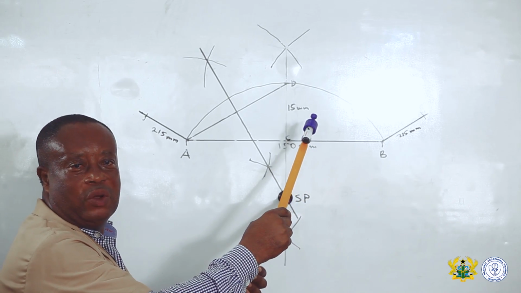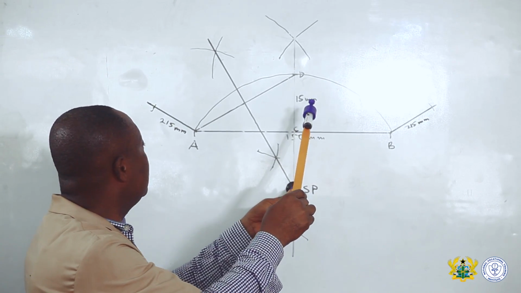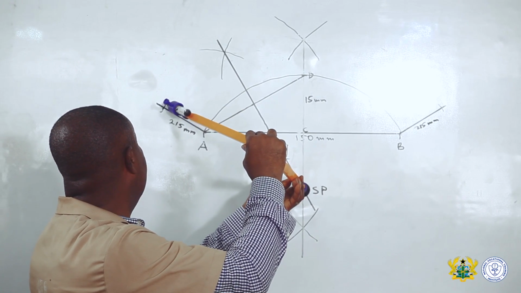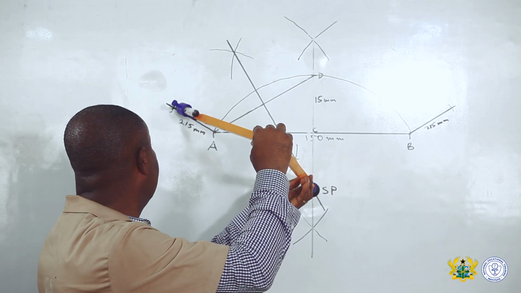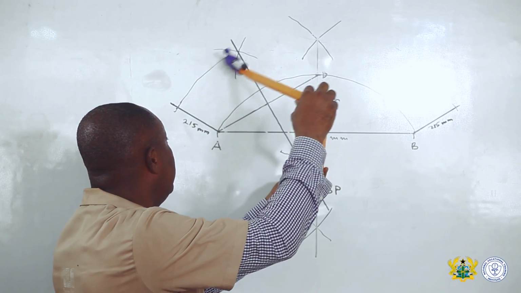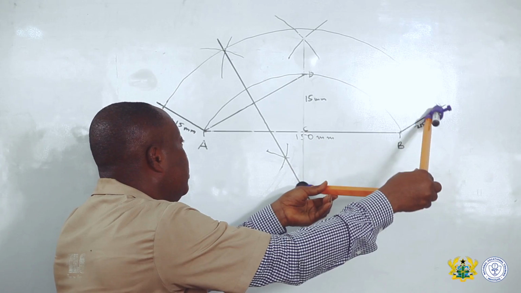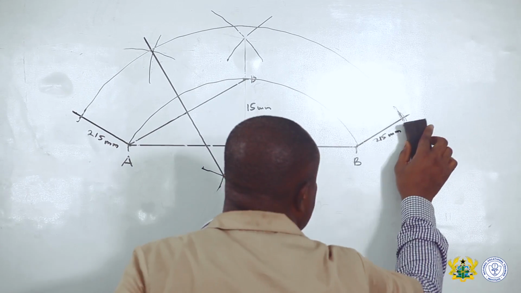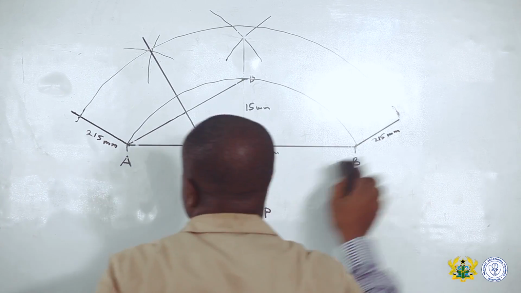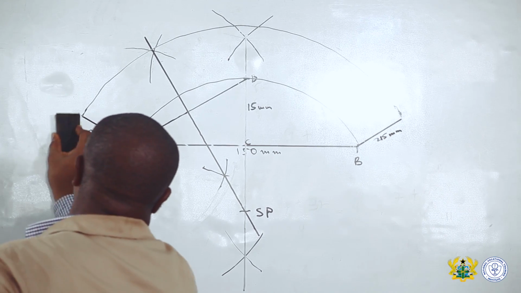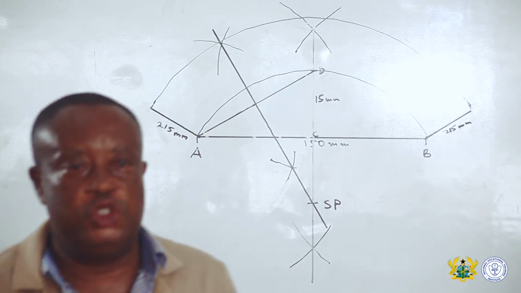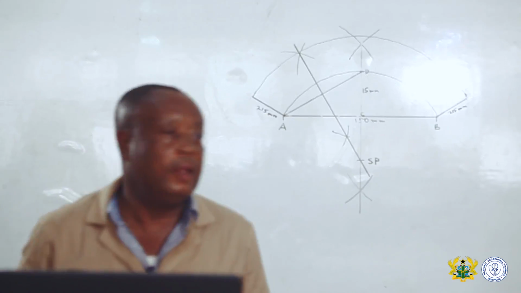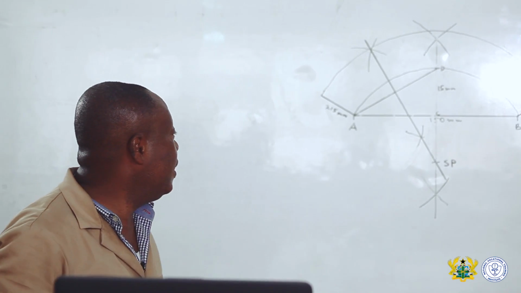With your compass on SP, you open to one end of your arc, then you strike another arc to give us our extrados. If you are drawing construction lines, you leave it. But for the purposes of the chalk or the whiteboard marker, this is how we get our extrados.